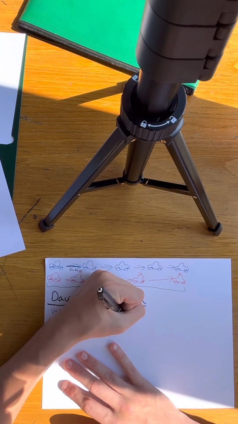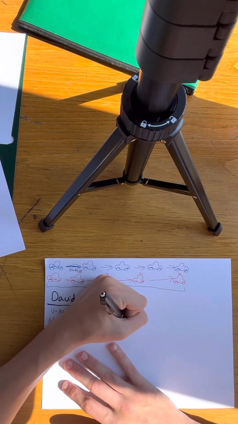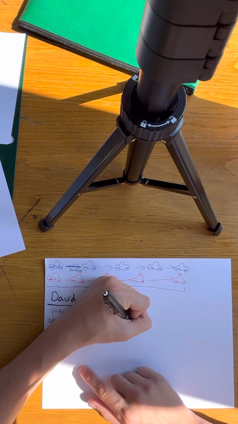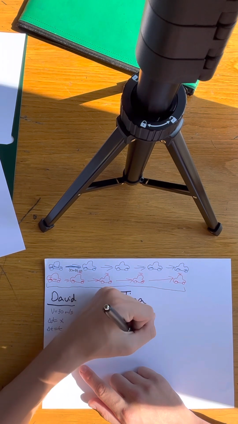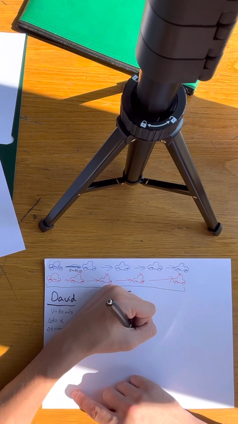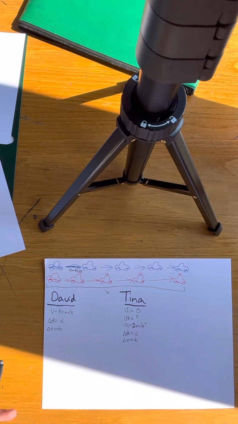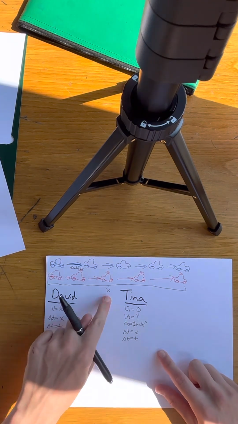We don't know her final velocity, it's an unknown, and her acceleration is equal to 2 meters per second squared. We don't know her change in position, which is equal to x, and her change in time, which is equal to t.